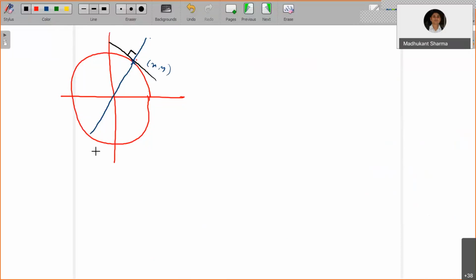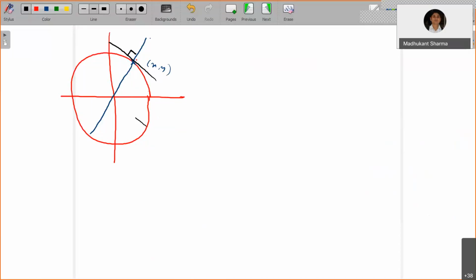Radial directions are always normal to the curve. If you are able to recall that part, it is already done in the intermediate session. So this means all lines pass through the origin.